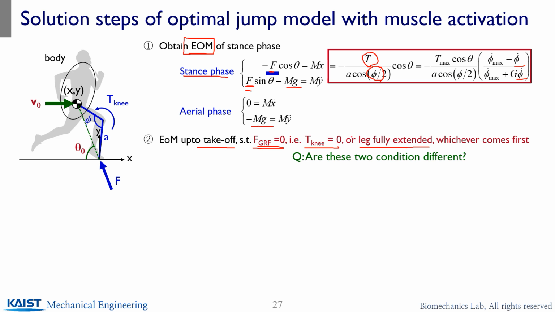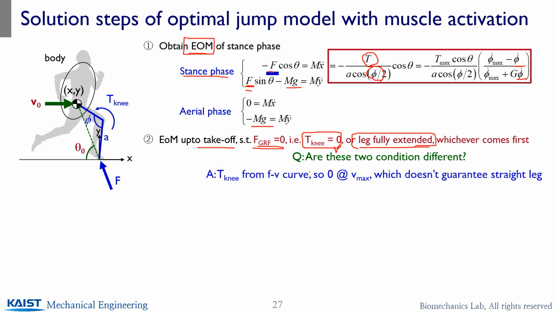At this point, do you wonder why there are two conditions, the knee joint torque being 0 and the knee fully extended? Well, that's because the knee torque has nothing to do with the knee configuration. Again, the muscle force-length curve has nothing to do with that.